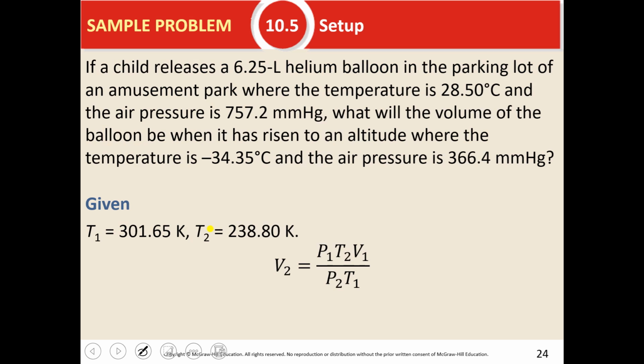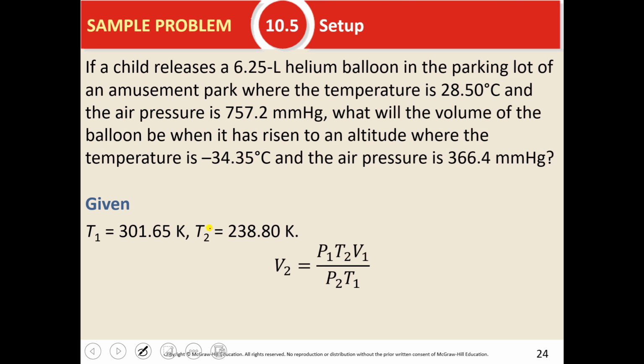problem you're given. So, if a child releases a 6.25 liter helium balloon in the parking lot of an amusement park where the temperature is 28.50 degrees Celsius and the air pressure is 757.2 millimeters mercury, what would the volume of the balloon be when it has risen to an altitude where the temperature is negative 34.35 degrees Celsius and the air pressure is 366.4 millimeters mercury?